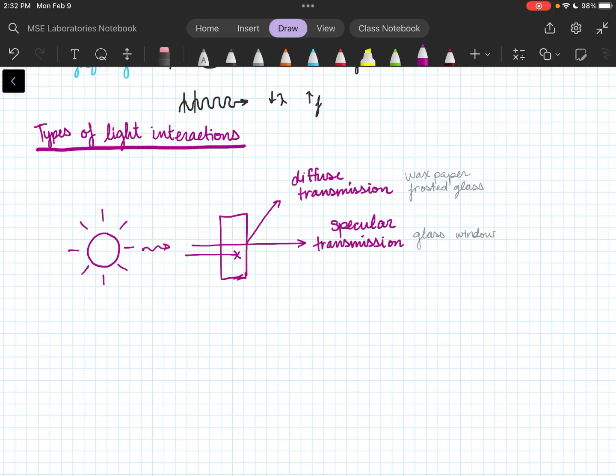Okay, let's talk about this other one that you said, where it stops inside the material. That is called absorption. And there's really only one type of absorption. There isn't specular or diffuse.